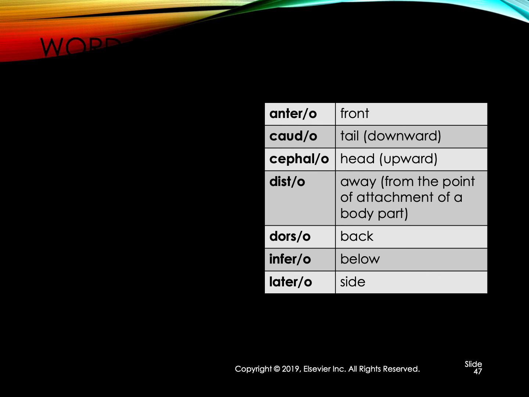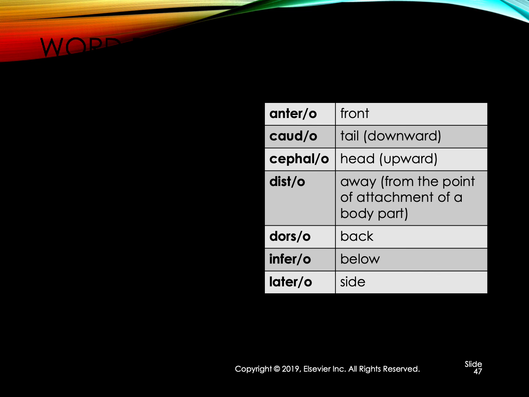Okay, so if we're talking about the wrist, and the torso being our point of reference, and we want to know, is the wrist proximal to the elbow or is it distal to the elbow in relationship to the trunk of the body? Well, the wrist is going to be distal because it's farther away from the point of attachment where our arm attaches to our body.